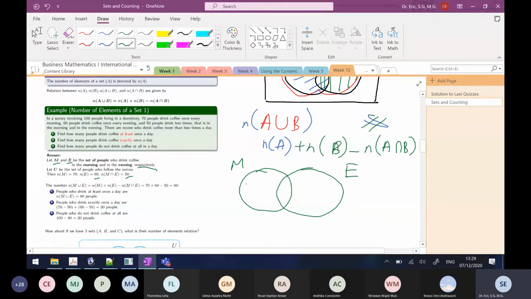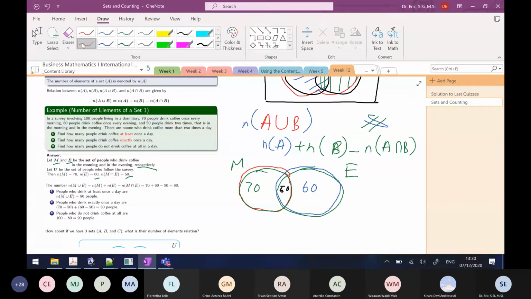So in all, M is 70, and 70 is all of this. And E is 60, and 60 is all of this. And the intersection is 50.